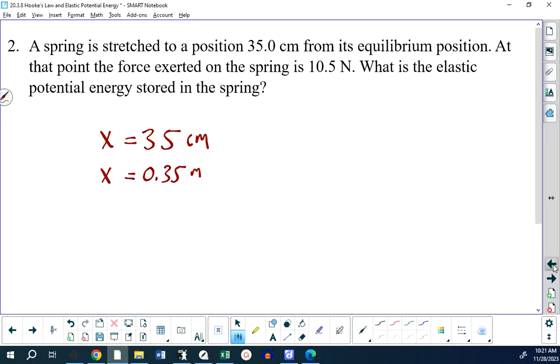At that point, the force exerted by the spring is 10.5 newtons. What is the elastic potential energy? Well, it's 1/2 kx squared. How are we going to find K?